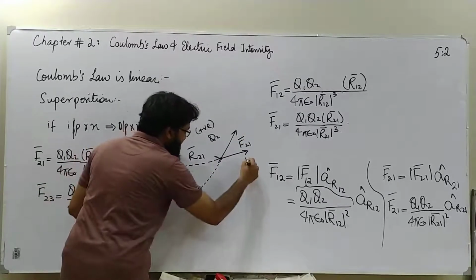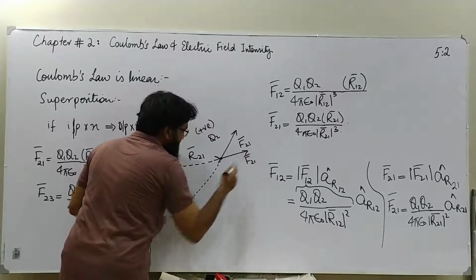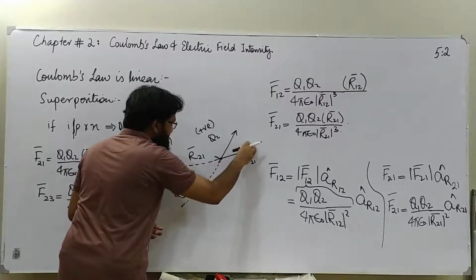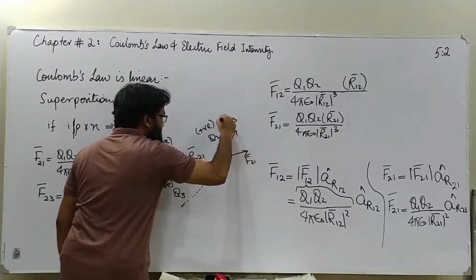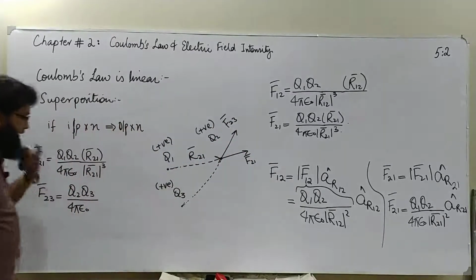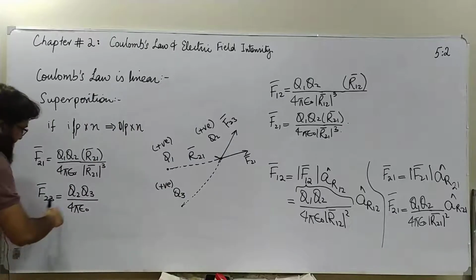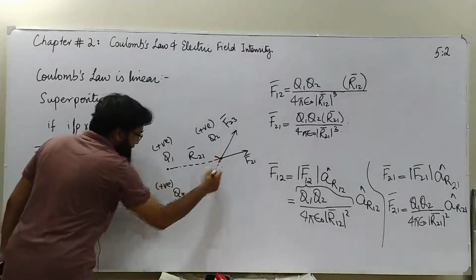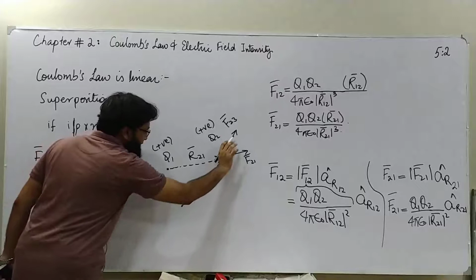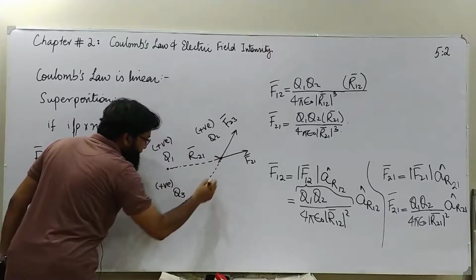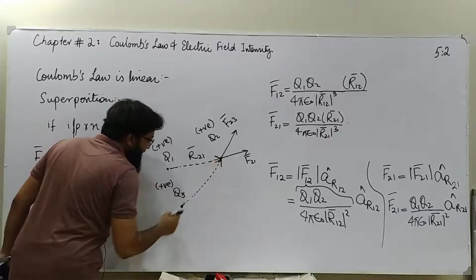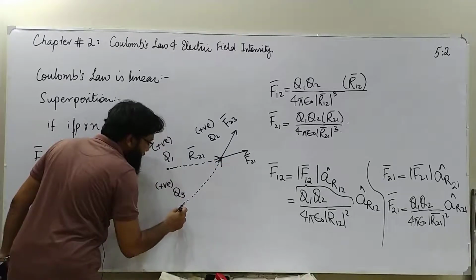And since this force will be acting along the line and repulsive, so this is force F21. Let me write it here, F21, and this force is F23, force on 2 due to 3 Q3. Now for this I would need a vector in this direction, meaning I know this point, I know this point, so I need a vector which has a head over here and tail over here.